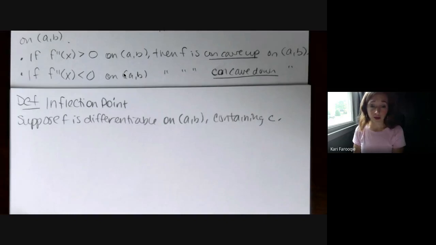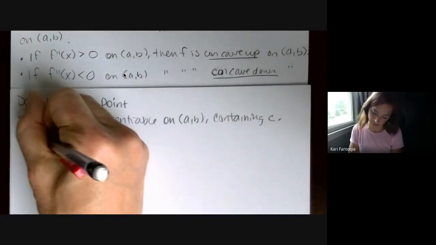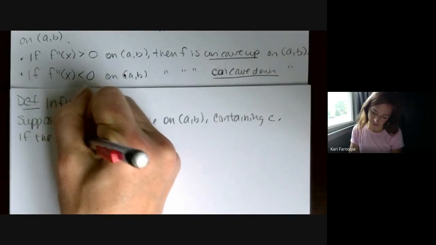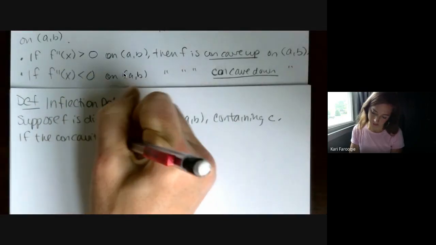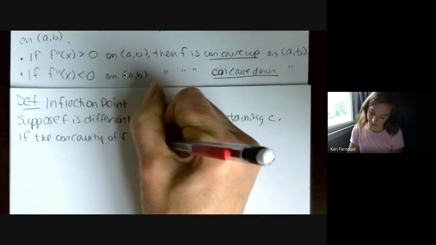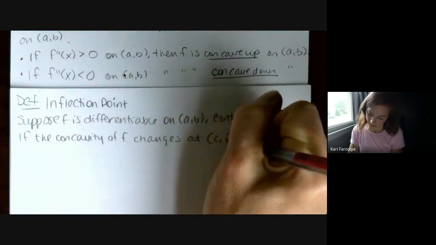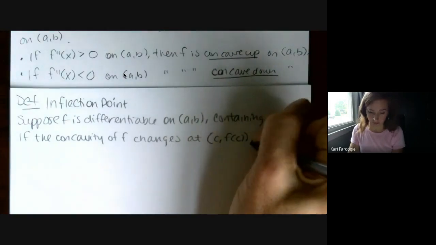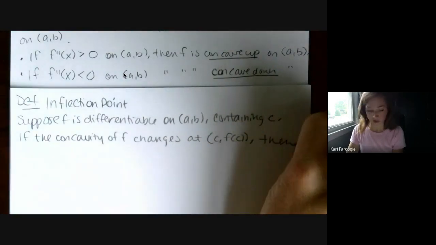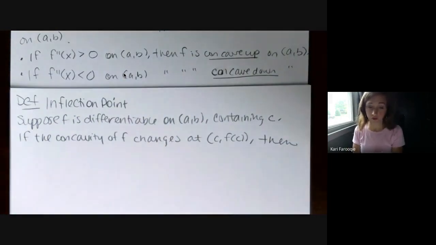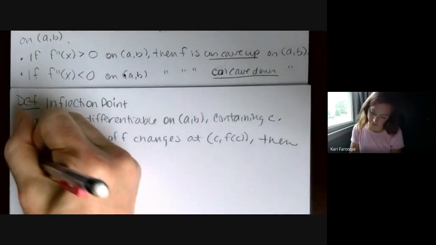If the concavity of f changes at c, f of c, then (c, f of c) is an inflection point of f.